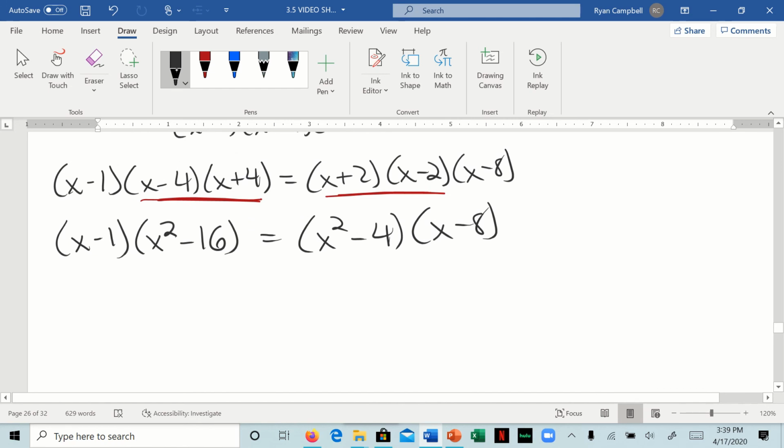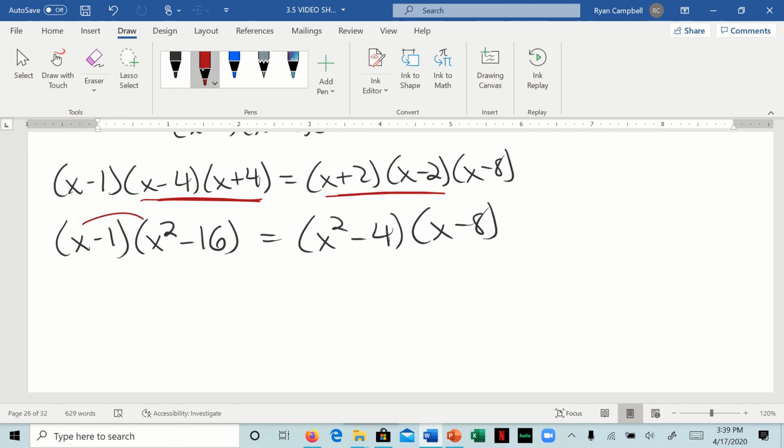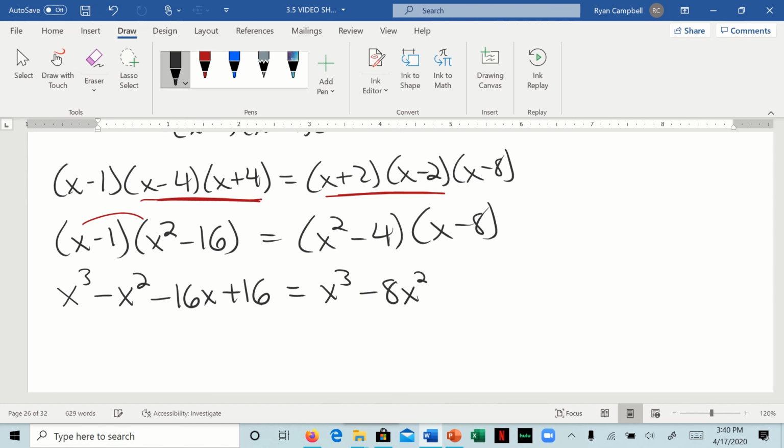So on the left side, we have x times x, which is x squared. And by that I mean x cubed, of course. We have negative x squared, negative 16x plus 16. On the other side, we have x cubed minus 8x squared minus 4x plus 32.